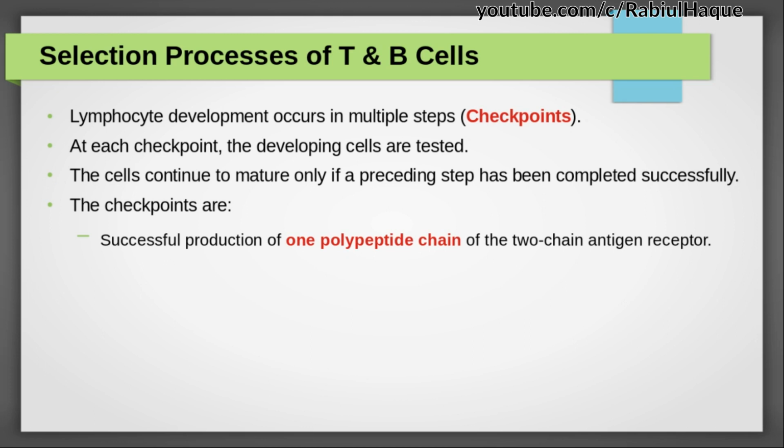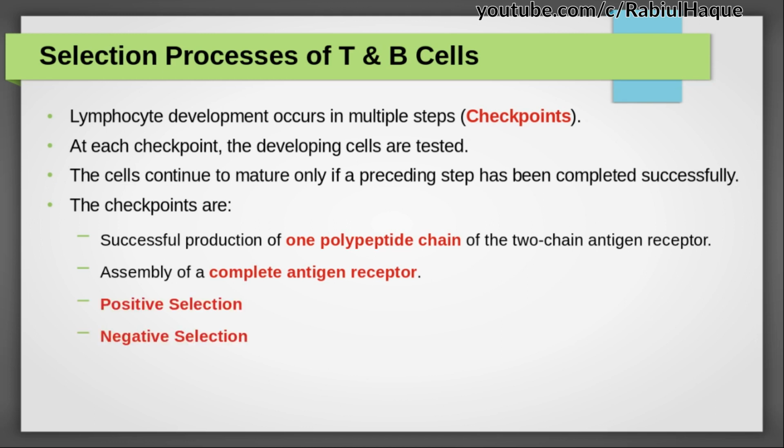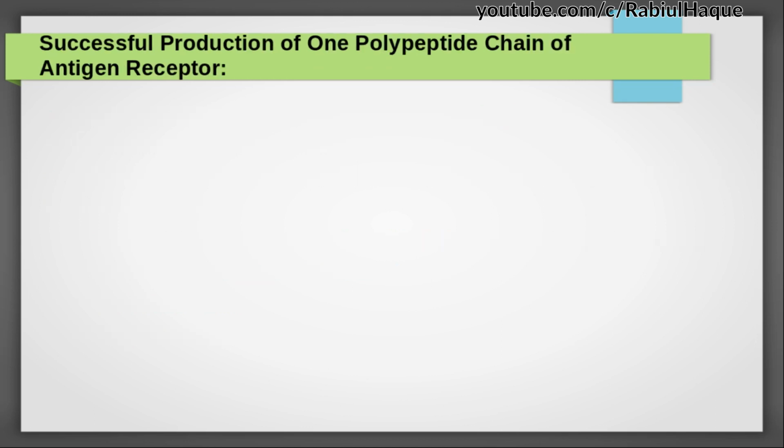Recall that antigen receptors of B cells and T cells are composed of two chains, and the first checkpoint is successful production of one polypeptide chain of this two-chain antigen receptor. The next checkpoint is assembly of a complete antigen receptor. So now we have both chains together. Then the other checkpoints are positive selection and negative selection.